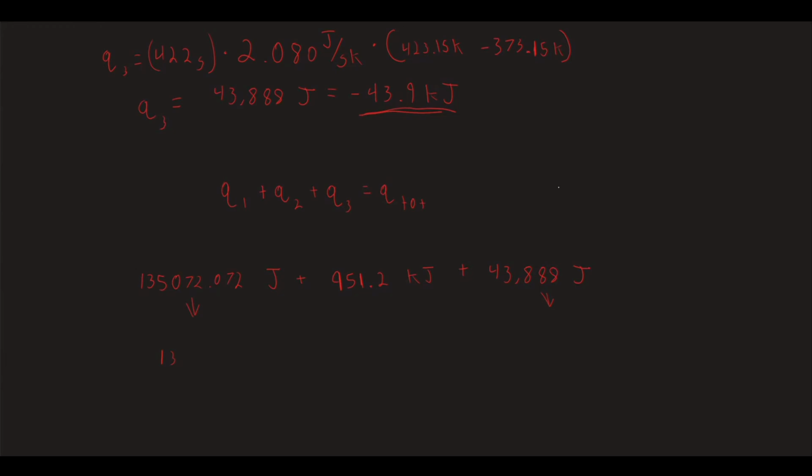So 135.072 kilojoules plus 951.2 kilojoules plus, we're going to take this 3 points to the left, 1, 2, 3, 43.888 kilojoules. And so these are the values we have right here, and all we need to do is add them all together.